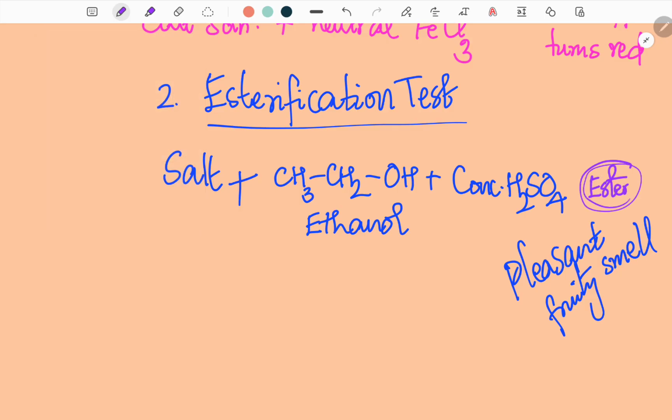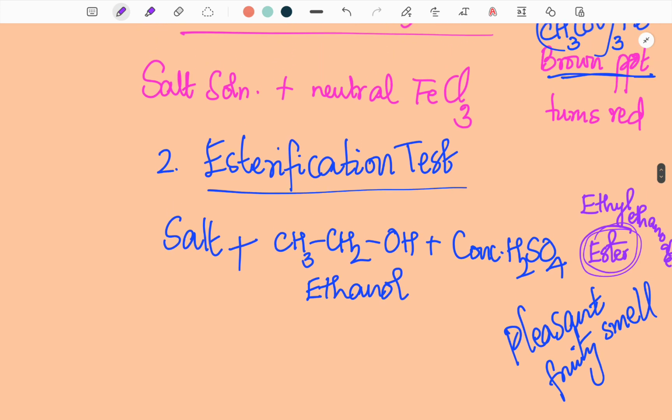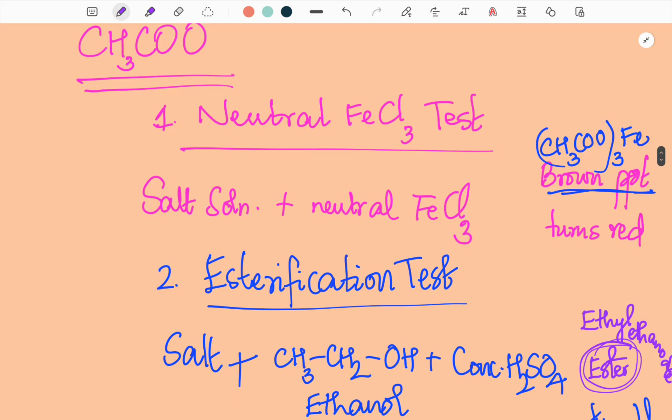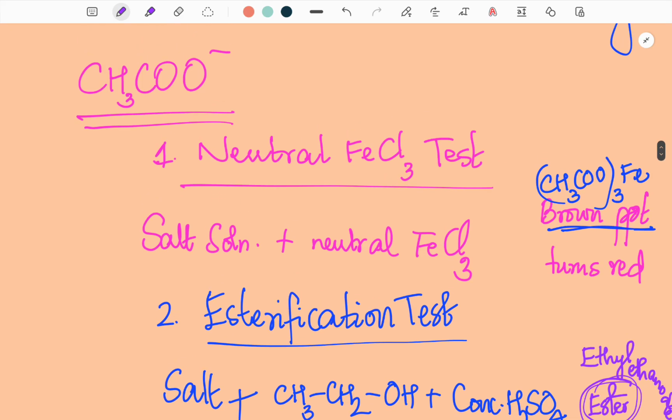So an ester is formed during the esterification reaction. So the ester that is going to be formed is ethyl ethanoate. Ethyl ethanoate ester will be formed, and this is responsible for the pleasant fruity smell, and this confirms the presence of acetate ion.